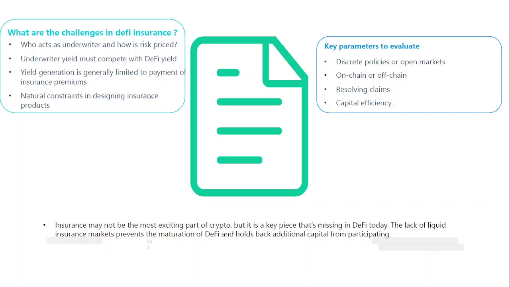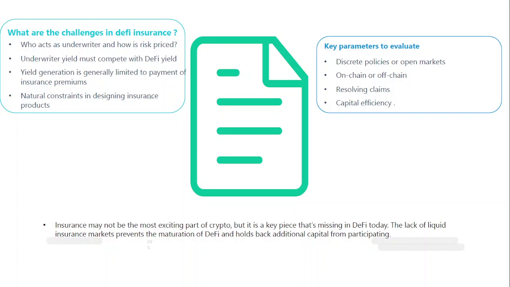That's fundamentally the main reason I see in DeFi insurance: on one side, the underwriters really don't have enough incentive to get yield, because yields aren't that high if you want to be an underwriter or invest in it, as opposed to yield farming.